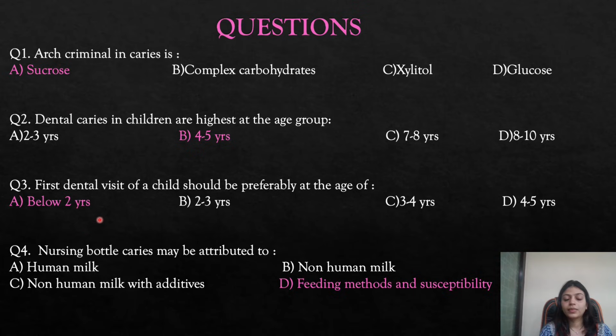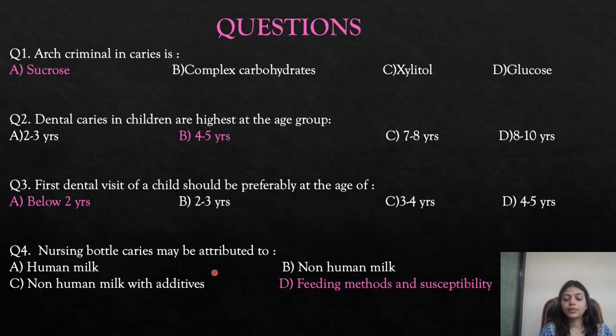Here are the options: below 2 years, 2 to 3 years, 3 to 4 years, or 4 to 5 years. Ideally the answer should be below 1 year, because the first dental visit should occur as soon as the first tooth erupts or by 12 months of age. But here the closest possible answer is below 2 years. So this is the right answer.